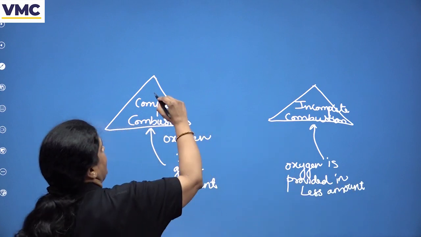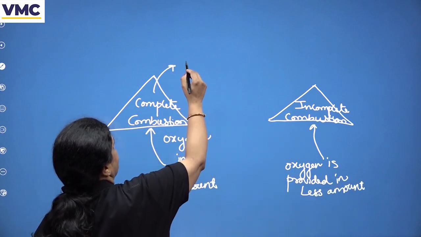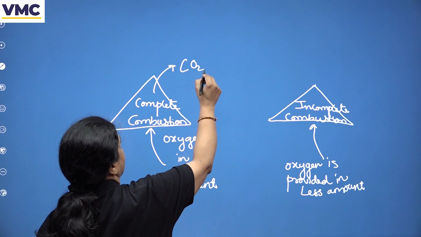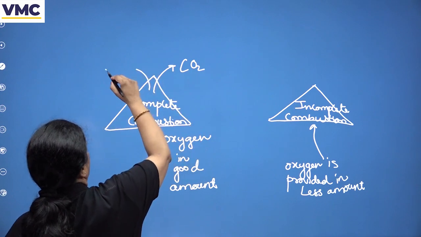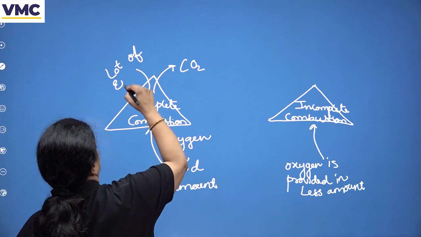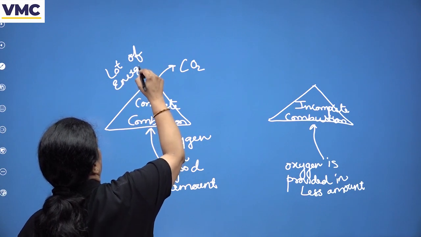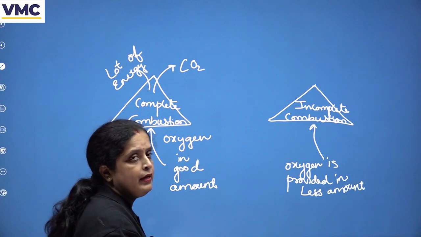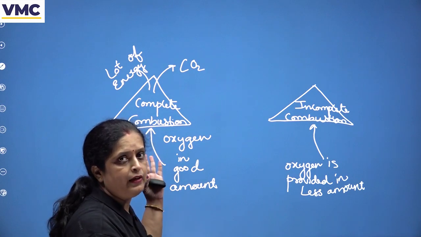So what is the result in complete combustion? You get CO2, carbon dioxide, and a lot of energy. Yes, water may also be produced, but what are we looking at? The energy level.